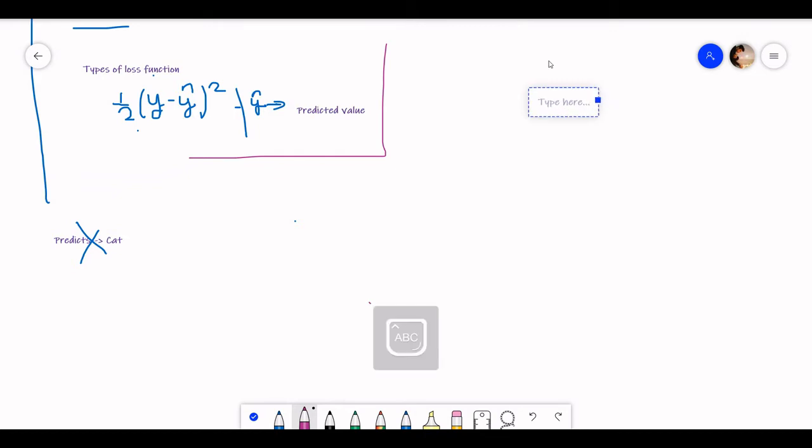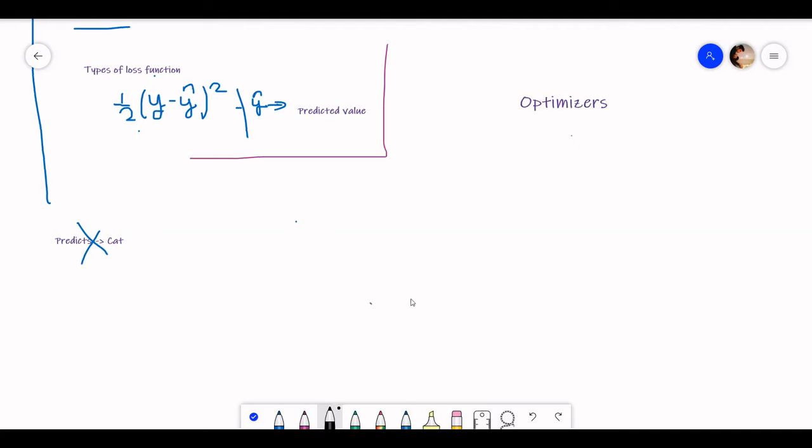We have types of optimizers: one is gradient descent, second is SGD, third is mini batch SGD, fourth is AdaGrad, and many more. For now we are using gradient descent.